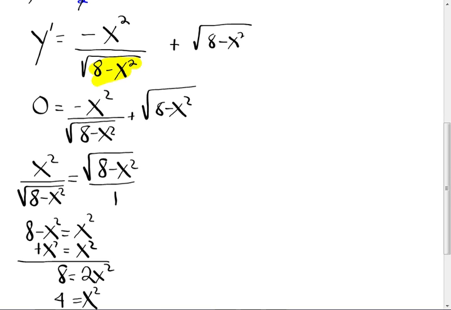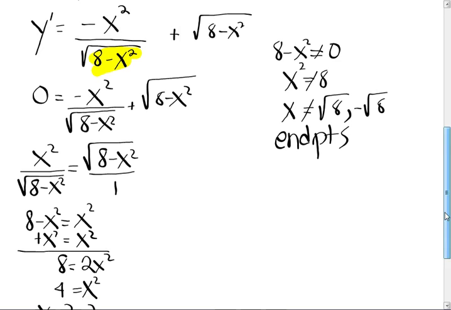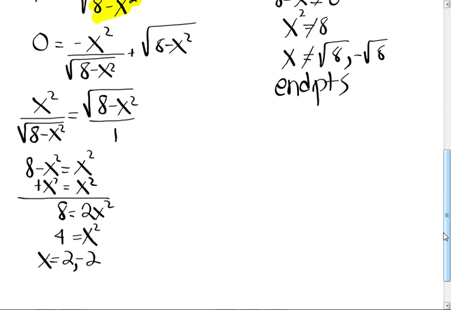So the 8 minus x squared cannot be 0. So x squared cannot be 8. X cannot be the positive square root of 8 or the negative square root of 8. But guess what? Those are the end points. So first derivative test on this is not very nice because my critical points are at my end points.